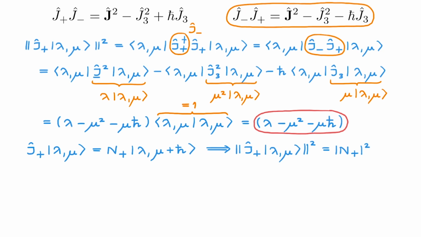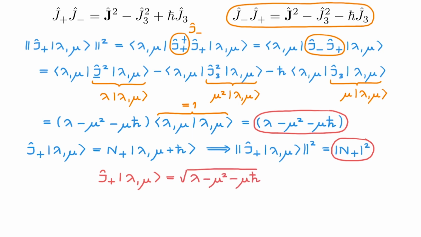This expression and this expression are equal because they're both the norm of j plus |λ, μ⟩. This means that j plus acting on this state gives this square root multiplying the state in which the eigenvalue μ has increased by ħ.